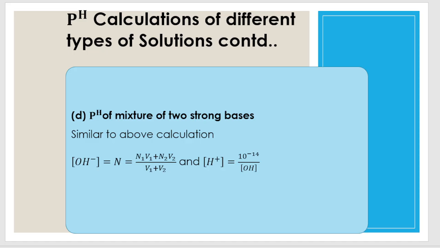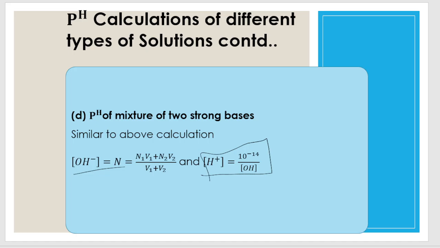As they are bases, we can directly get it: the resultant normality will be the OH minus ion concentration. Thereby we can calculate the H plus ion concentration using the formula H plus equals 10 to the power of minus 14 divided by OH minus ion concentration.